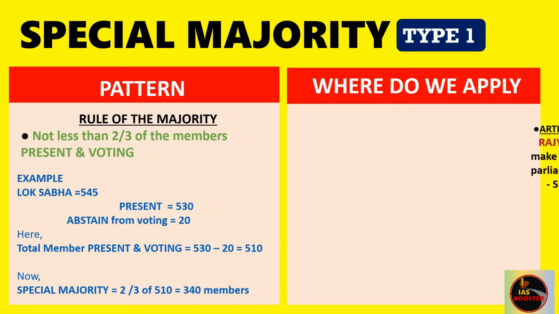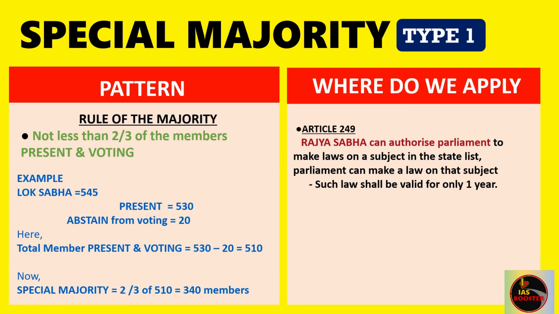Now let's see where we apply this. Here first we have to understand special majority type 1. Under article 249, the Rajya Sabha can authorize the parliament to make laws on a subject in the state list, and parliament thereafter can make a law on that subject, and such laws shall be valid for only 1 year.